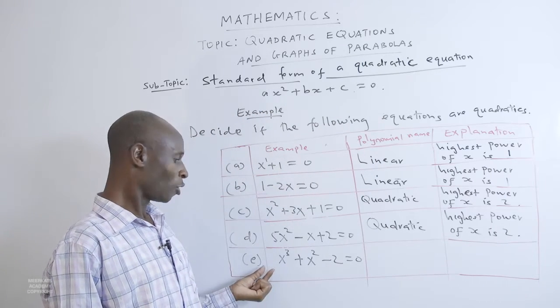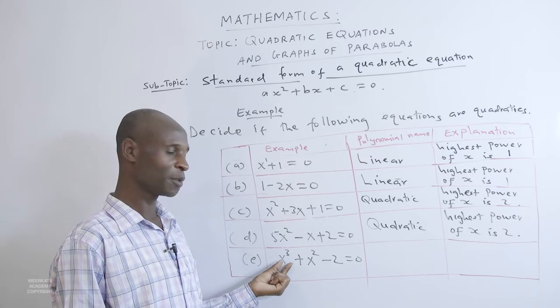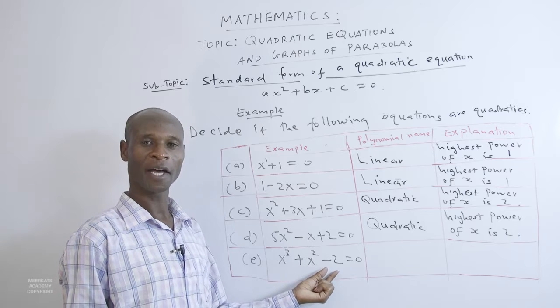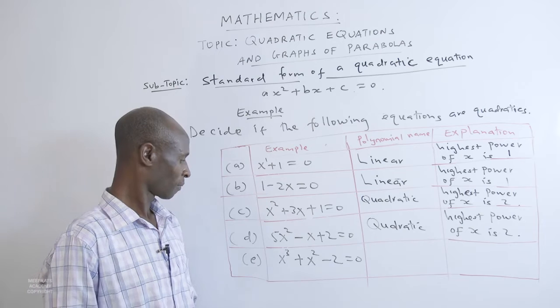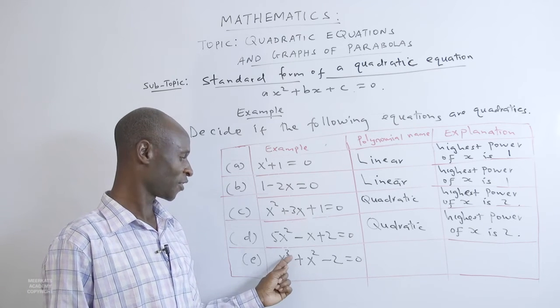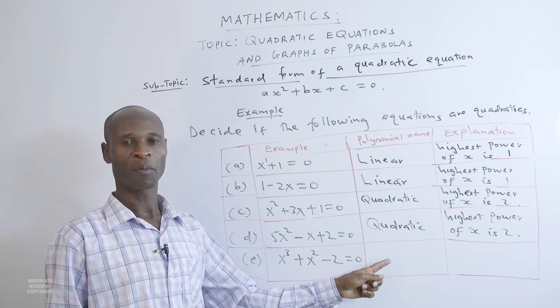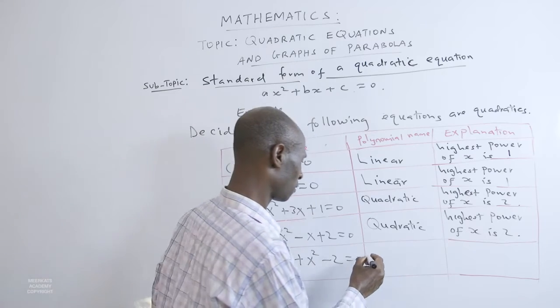Now, what will be the name of this polynomial in part E, which is x cubed plus x squared minus 2 is equal to 0? In our case here, the highest power of x is 3, and therefore such a polynomial is called a cubic polynomial.